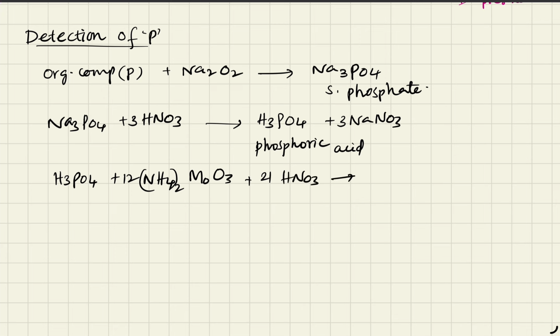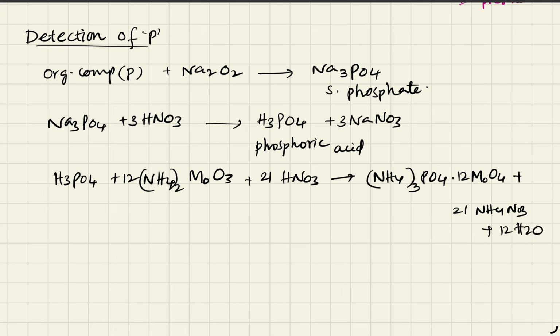Then this is converted into ammonium phosphomolybdate, (NH4)3PO4·12MoO3, plus 21 NH4NO3 plus 12H2O.